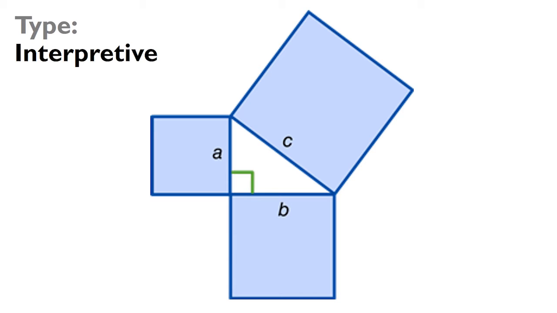Now, this would be a graphic that you probably would want to use with a transformational graphic to show that A and B, when you cut them all apart, really do fit inside of C. But again, this is just a good example of an interpretive graphic, one of the different types that are used to help support the learning of certain types of skills and certain types of information in instruction.